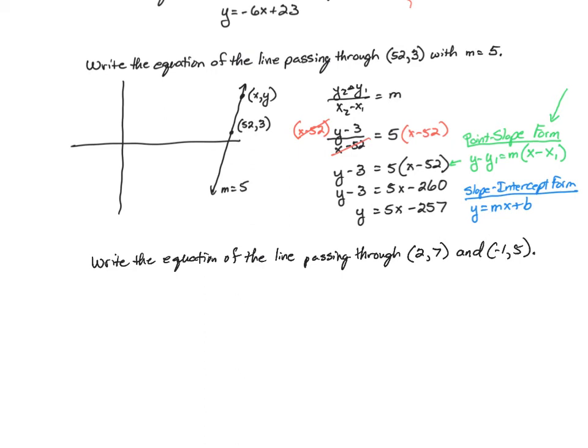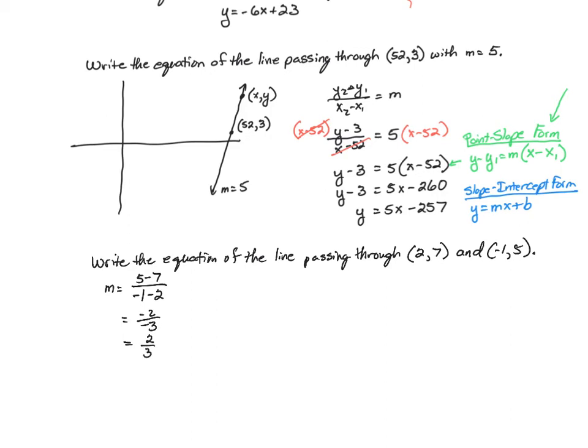We just need to do a little bit more work first. We need a point and a slope to write the equation of the line. So let's start by calculating the slope. So we'll have 5 minus 7 over negative 1 minus 2. And we have a slope of negative 2 over negative 3, which is just a positive 2/3.